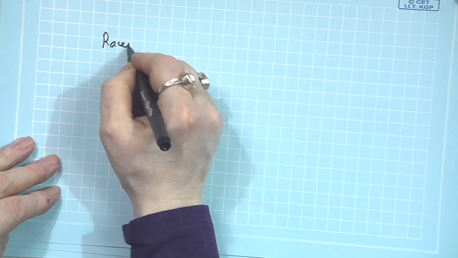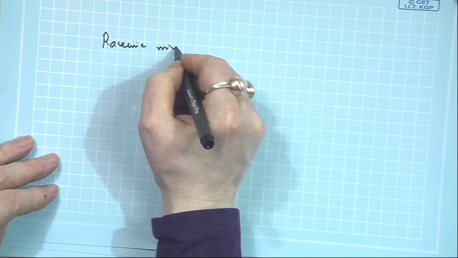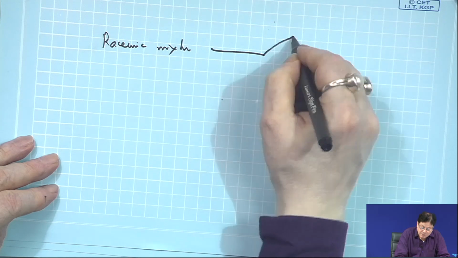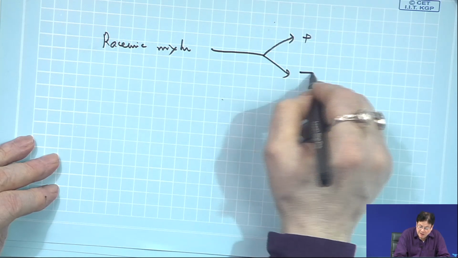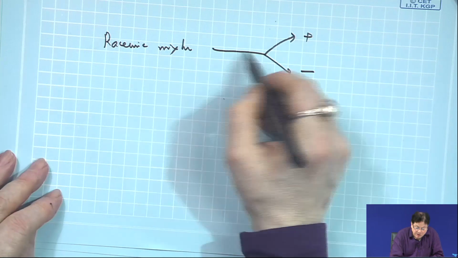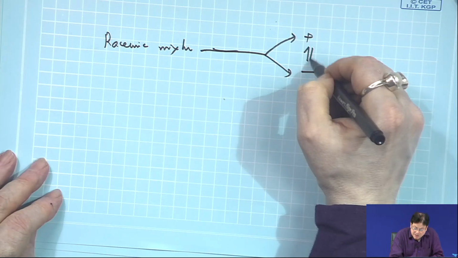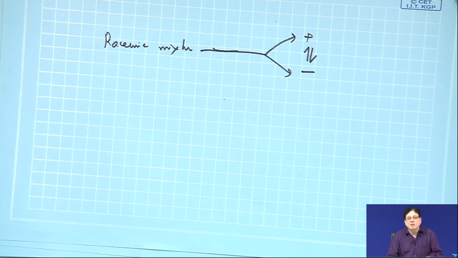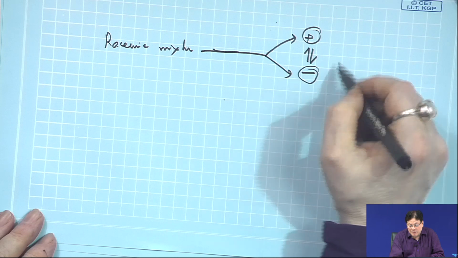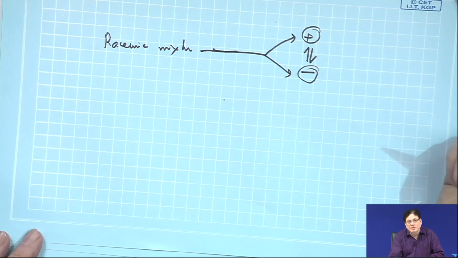So, a racemic mixture going into plus and minus. This will be resolvable only when these plus and minus do not interconvert readily. If they interconvert very readily, then you will not be able to separate these molecules.